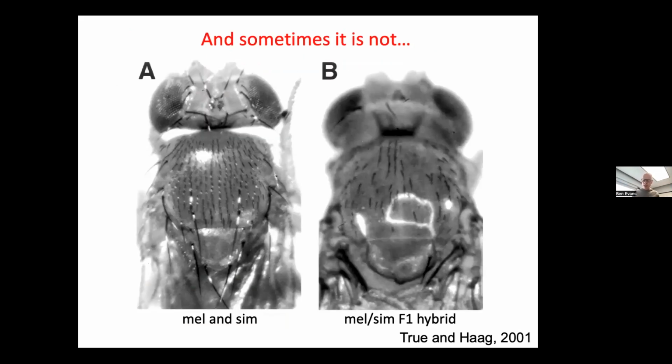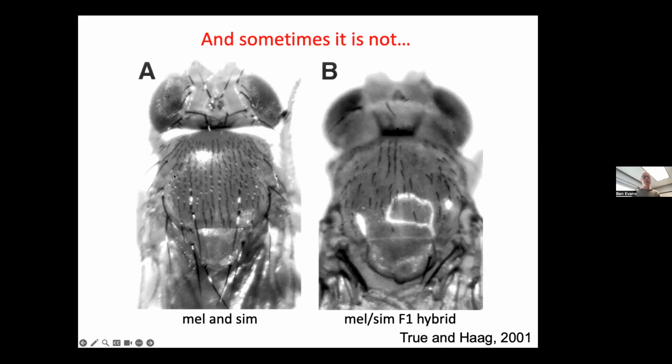Sometimes what we see when we look across species is that there are phenotypes or characteristics that are similar across those species, but actually the genetic architecture, the genetic underpinnings of those traits, is different, even though the phenotypes are the same. And this is an example of exactly that. If you look at the top of a fruit fly, either Drosophila melanogaster or Drosophila simulans, they actually look quite similar.